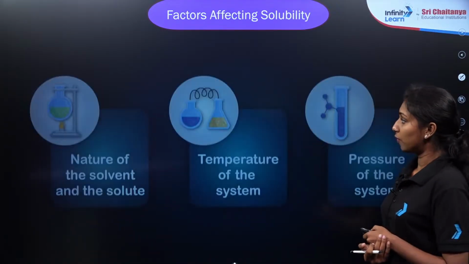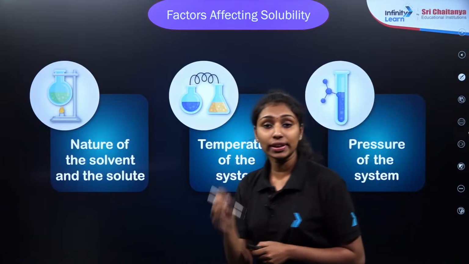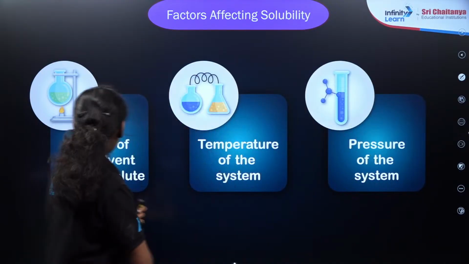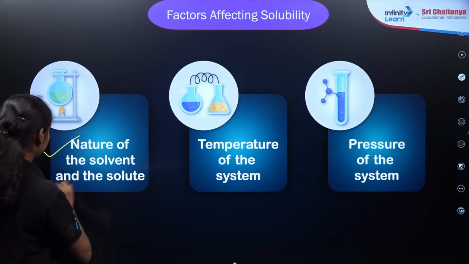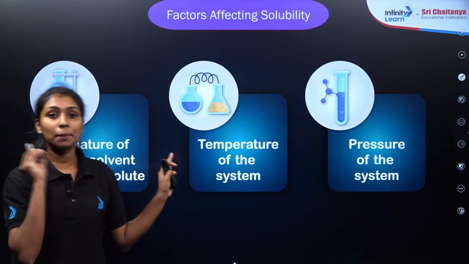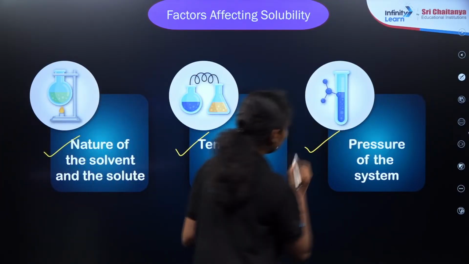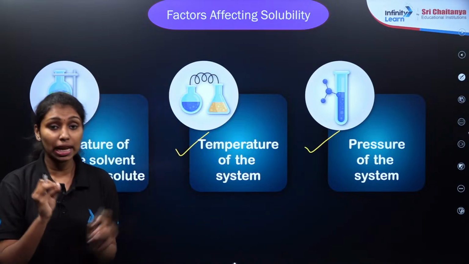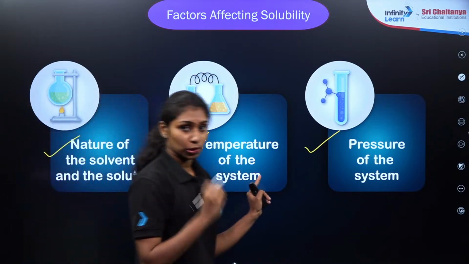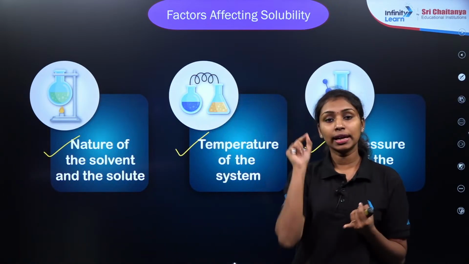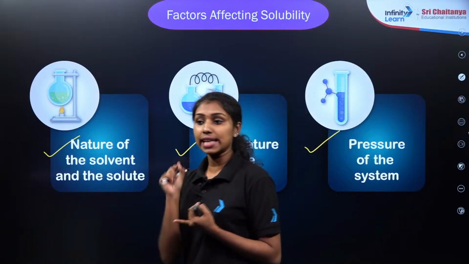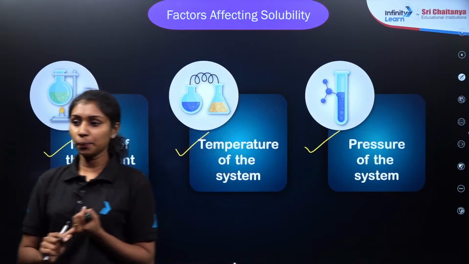So the first factor affecting the solubility is the nature of solute and the solvent. Then the temperature of the system. The last one, the pressure of the system. So here we need to focus on these three parameters, the factors affecting the solubility, in the case of solid in liquid solution as well as gas in liquid solution. Ready?